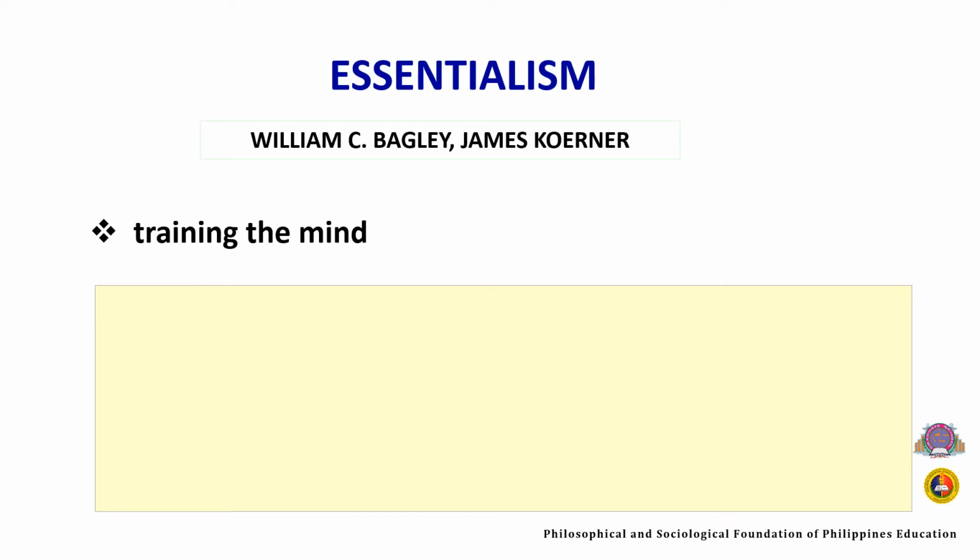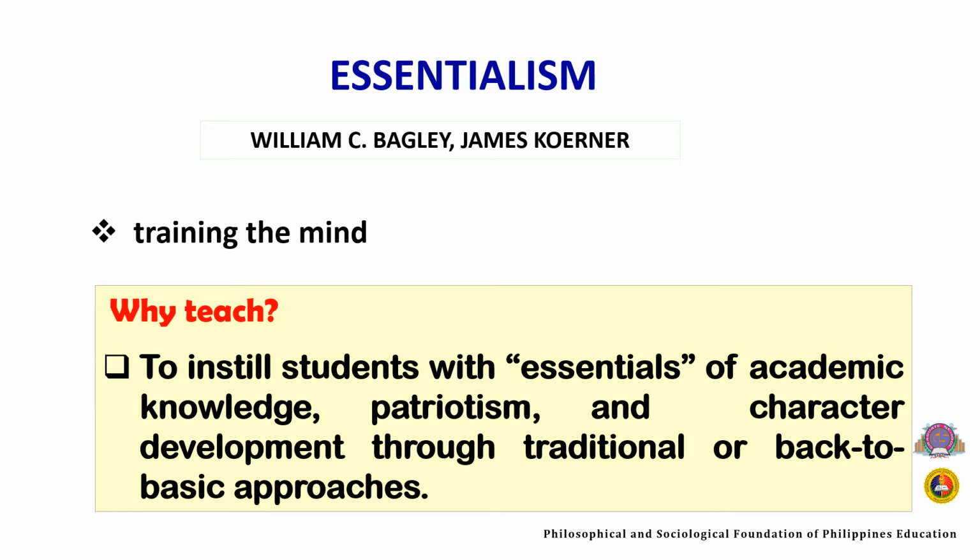In this philosophical school of thought, the aim is to instill students with essentials of academic knowledge, patriotism, and character development through traditional or back-to-basics approaches. This is to promote reasoning, train the mind, and ensure a common culture for all citizens.